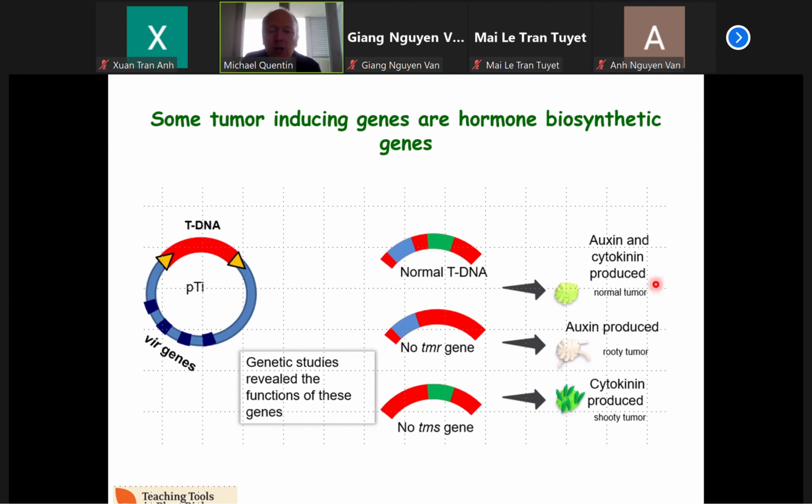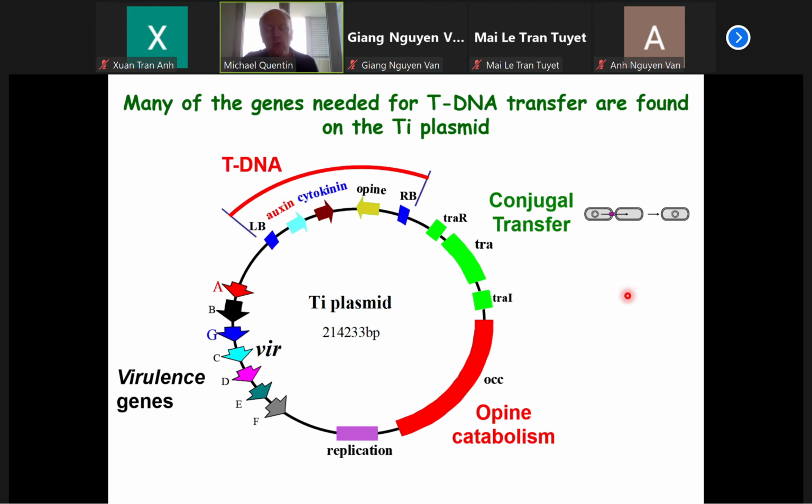And the bacteria will not properly propagate, disseminate in those tumors, okay? So it's because the tDNA will allow the infected plant cells to produce auxin and cytokinin that you will have formation of a tumor, allowing the development of the disease.